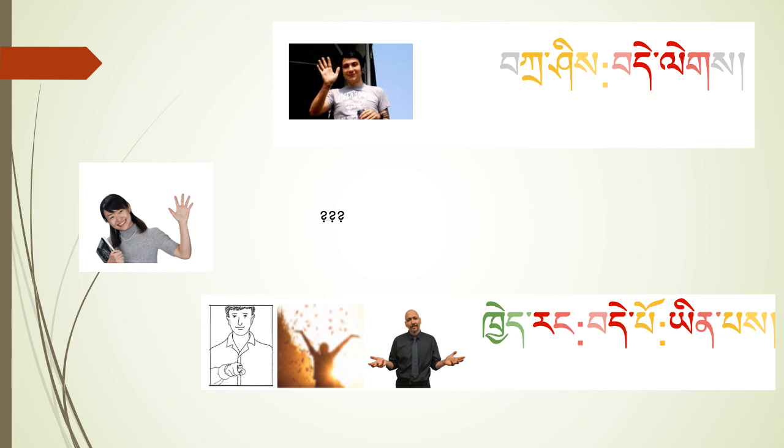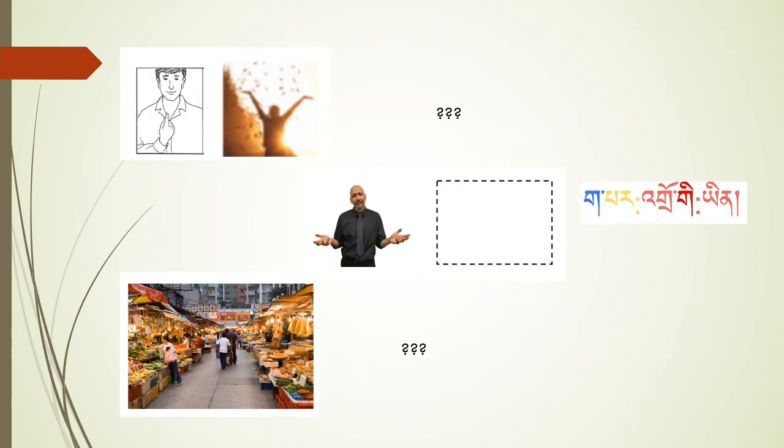So let's try. Do you remember what people said? First the guy said, Tashidele. To which the lady answered, can you guess? Remember? Tashidele. The guy then asked, Kerang tebo yinpe. That was, how are you? To which she said, I'm fine.